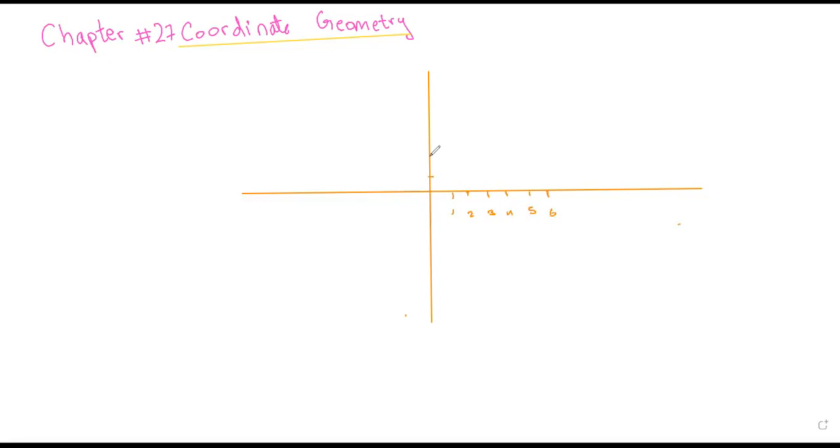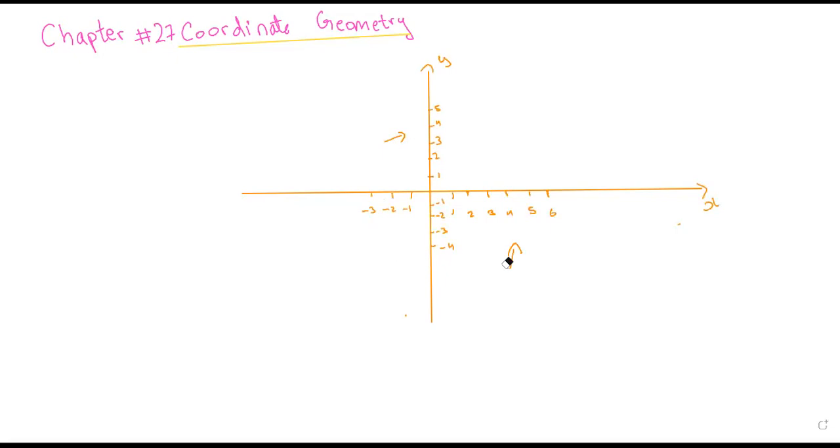This is 1, 2, 3, 4, 5. Then we have -1, -2, -3, -4, and we have -1, -2, -3, and so on. This is the x-axis, this is the y-axis. Now this is the positive y-axis, this is the negative y-axis, this is the positive x-axis, and this is the negative x-axis, right? We know these details already.